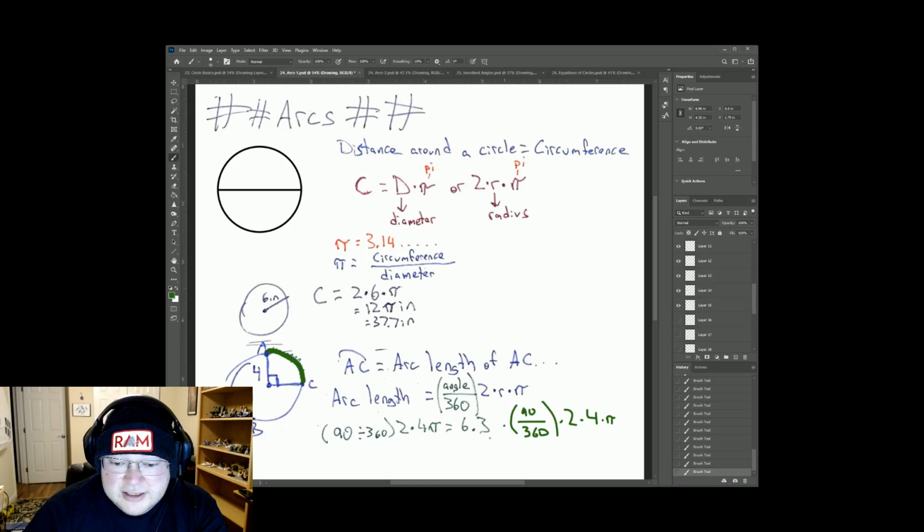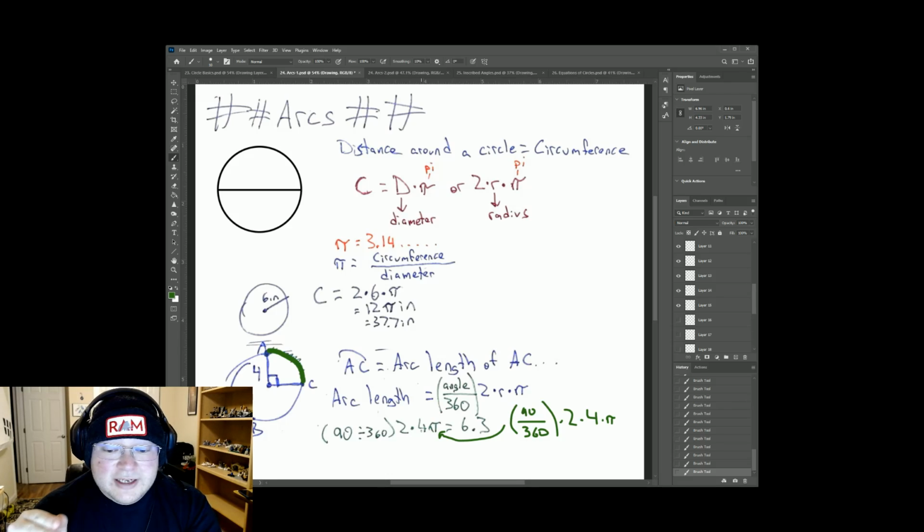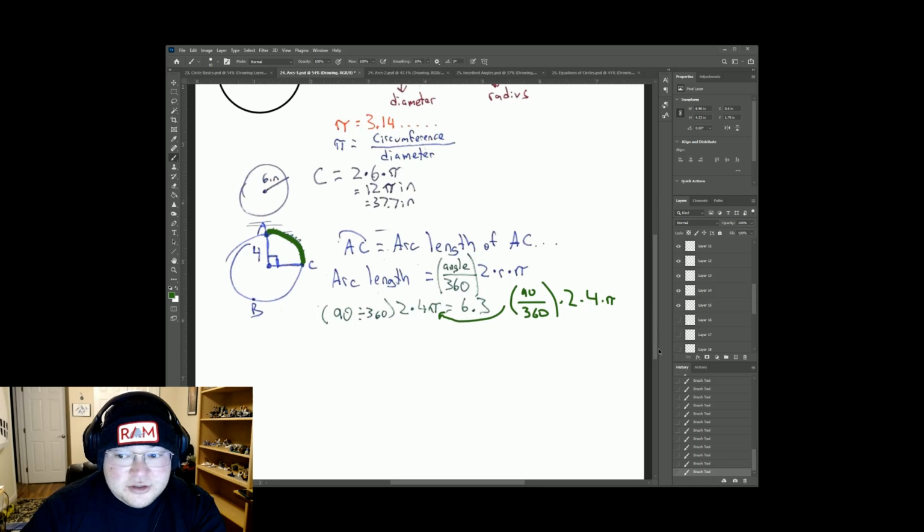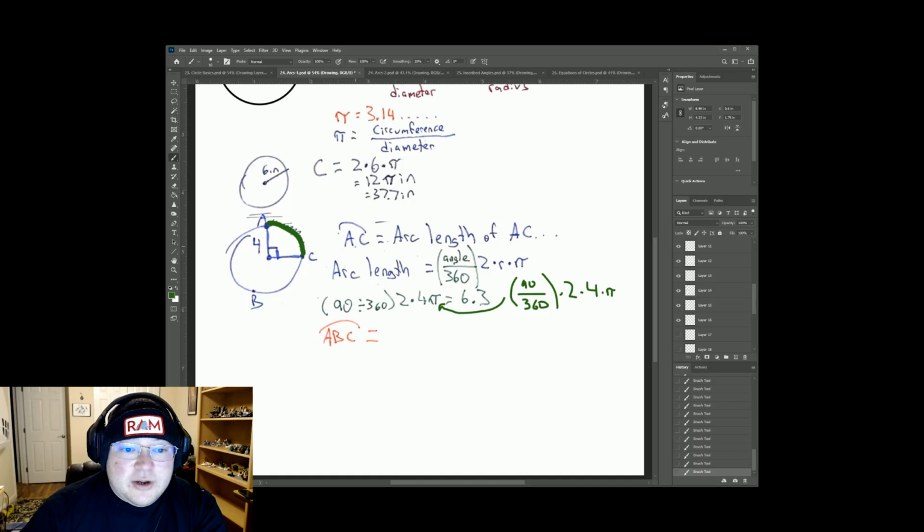And that's what this is. This is just the calculator version. Okay, and that's really it. So 2 times radius times pi, and then it's angle over 360 because you went 90 degrees out of the total of 360 degrees. If I wanted A, B, C, that's if I went the opposite direction.